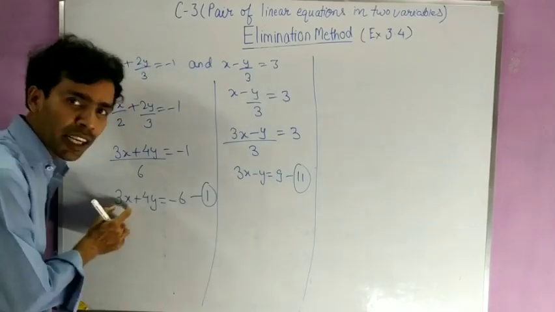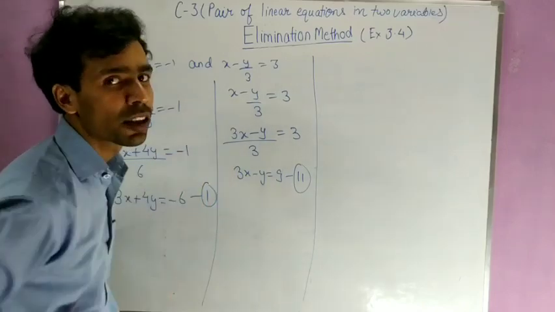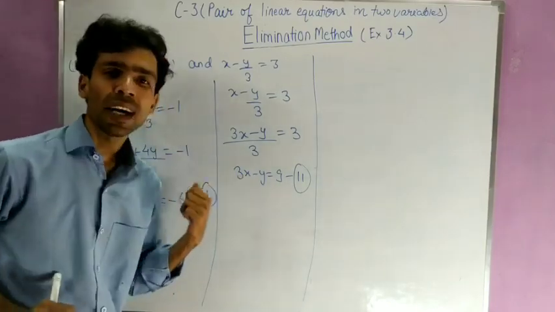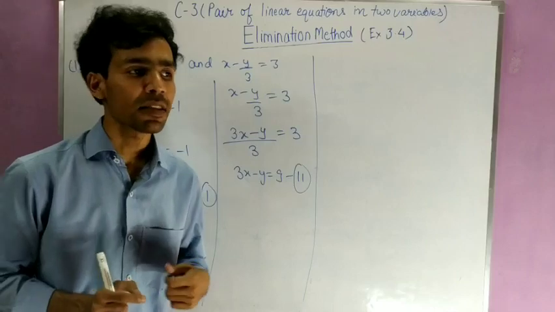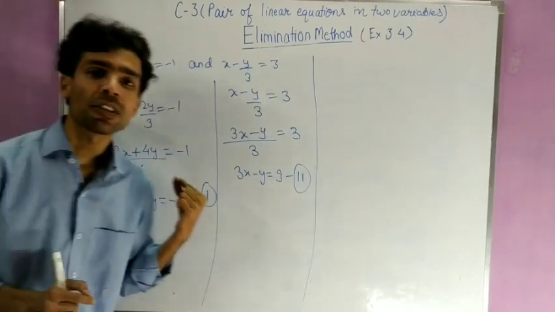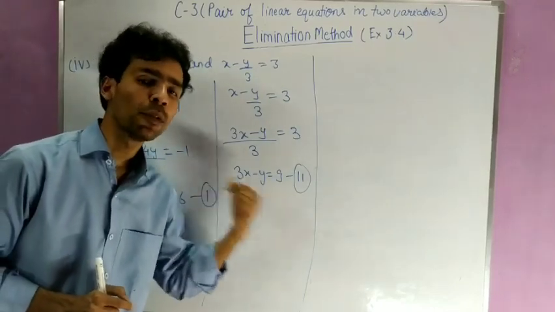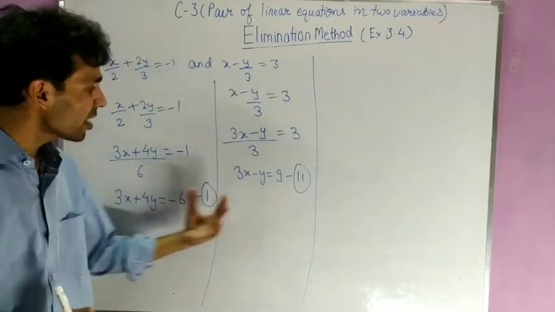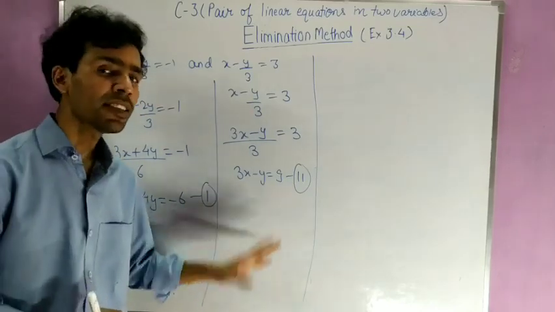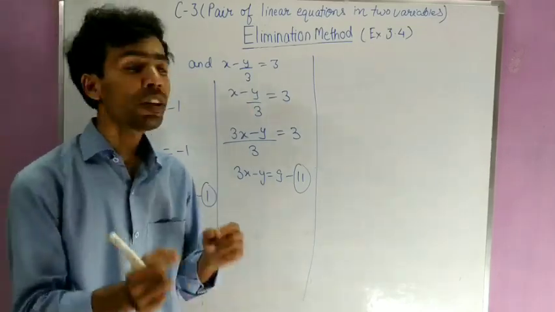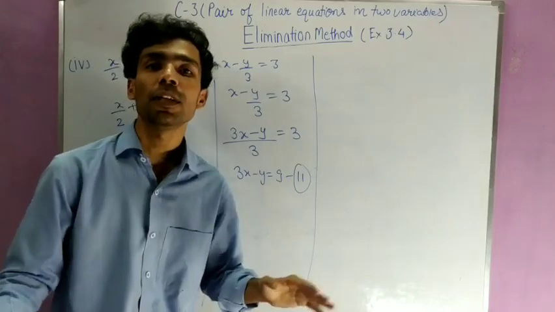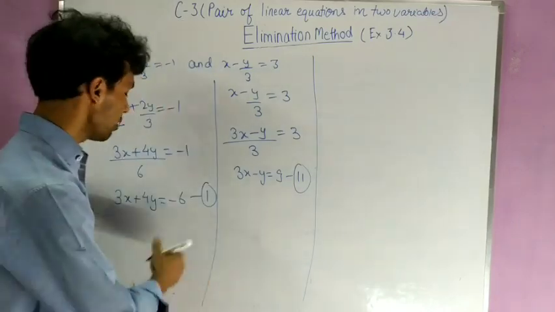Here is also 3x and here is also 3x, so their coefficient part is already same, means whatever number is associated with the x is same in both the two equations. So in that case they are already same, so we don't need to multiply by any number to both the two equations. So we can solve directly.